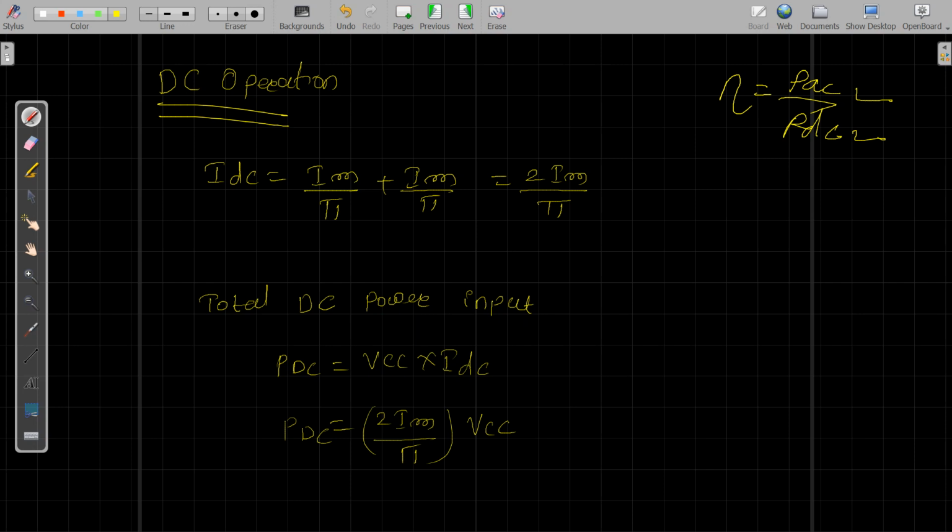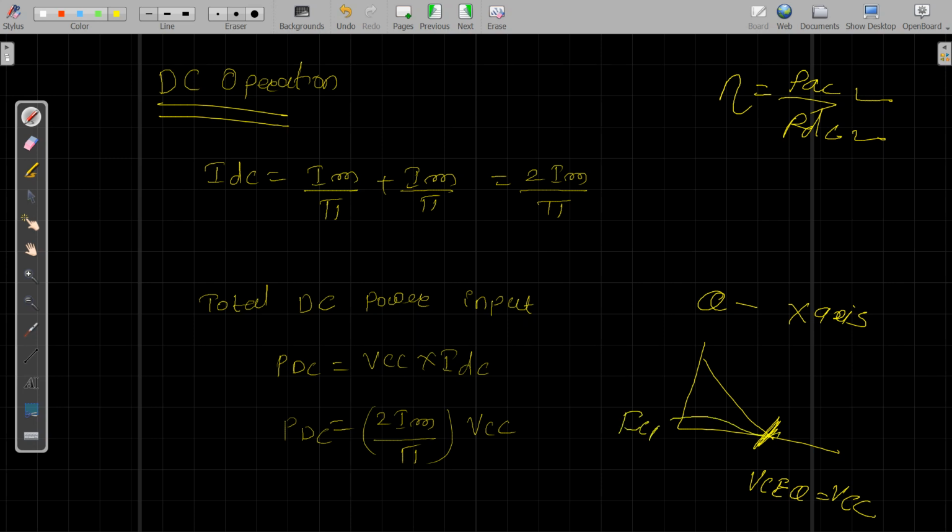Now what we know for this class B power amplifier is that the DC biasing point, your Q point, is adjusted on the x-axis. When you make this operating point on the x-axis, it means your VCEQ is nothing but VCC, and your ICQ is 0.